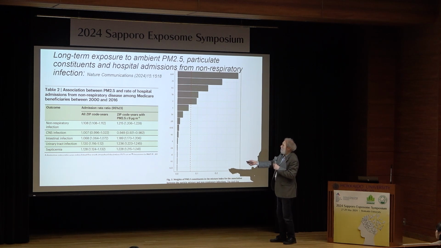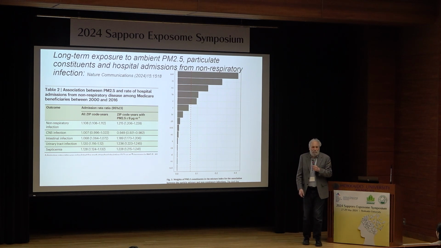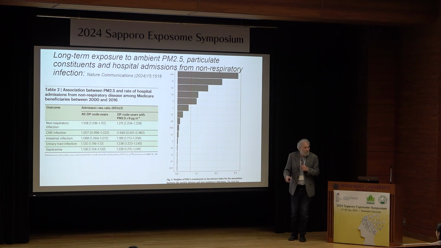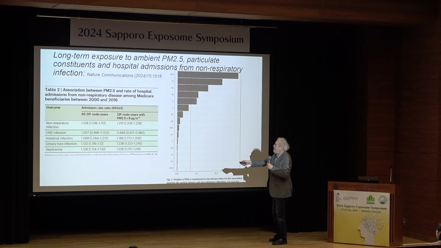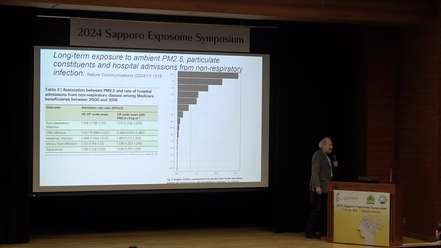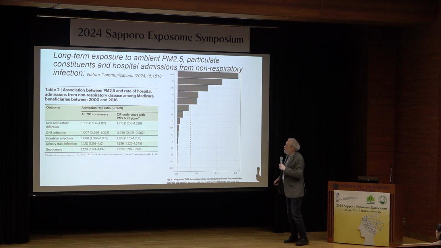And if we restricted to zip codes where PM 2.5 was below the recently set EPA ambient air quality standard, so they never exceeded that, EPA thinks this is safe, right? Then, guess what? The rate ratio goes up substantially. So the per unit pollutant effects are lower at lower doses.